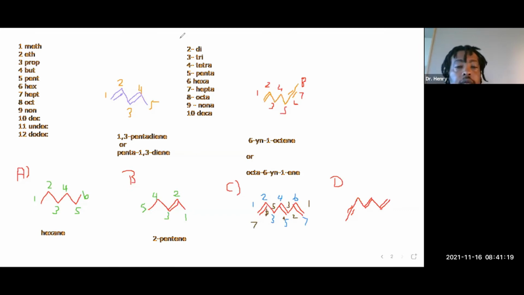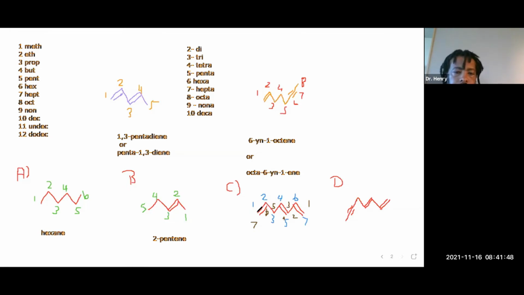Okay. So what is going to give us the lowest numbers? The brown numbers or the blue numbers? Okay, so the brown, so that would be 1, that would be 3, and that would be 6.